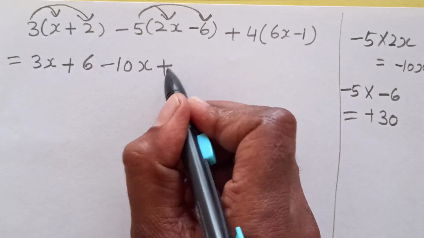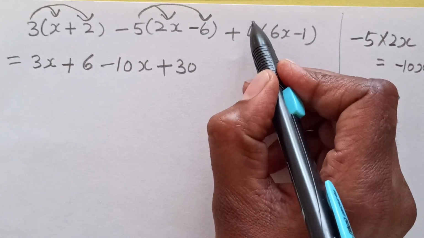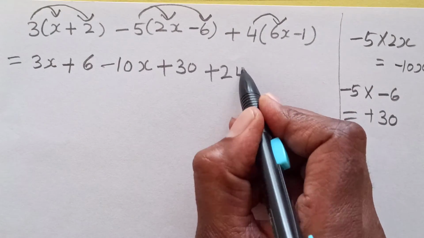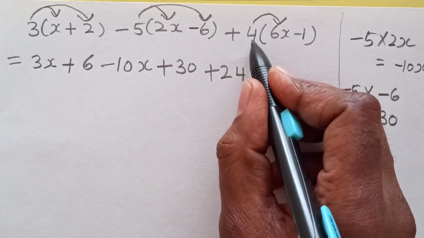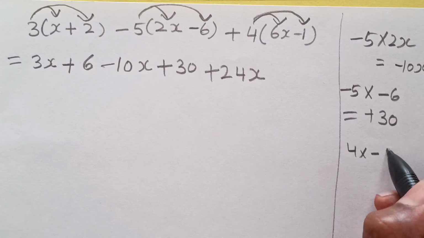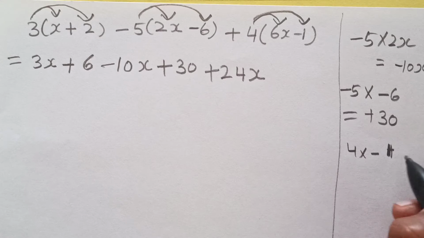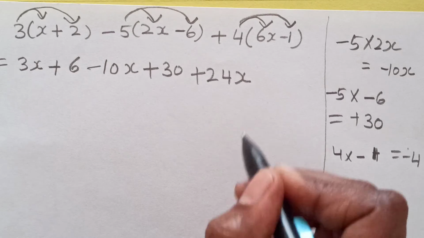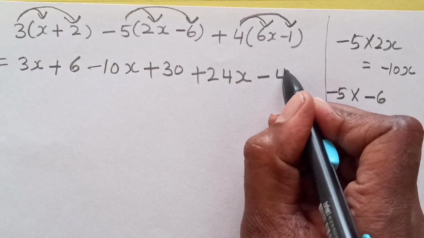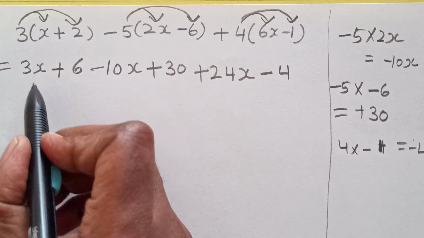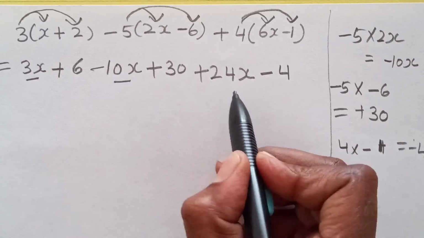So plus 30. The third bracket, it's 4 times 6x is 24x. Next 4 times negative 1. So it is negative 4. So now look upon the like terms. Let's see what terms we can collect together. As you see, this is x, x and x.